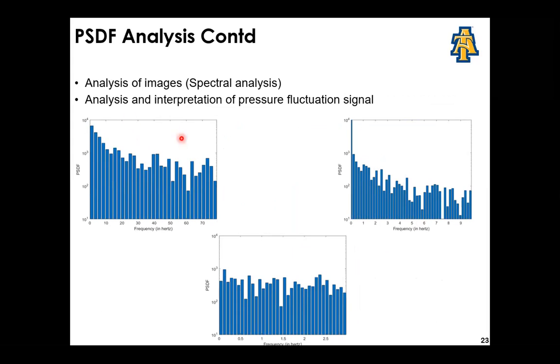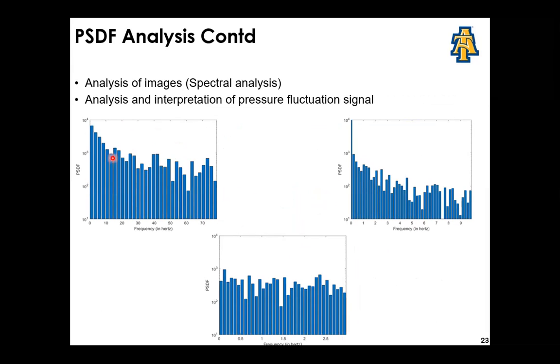After doing that, the spectral analysis was performed, and it revealed three types of power spectrum densities. The first was a wideband low amplitude spectrum, which is mostly associated with bubbly flows.